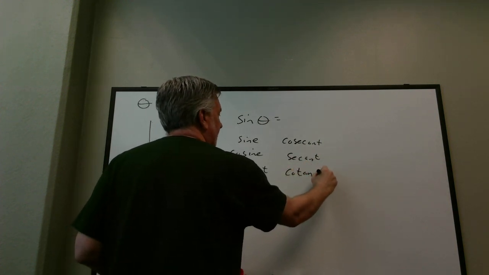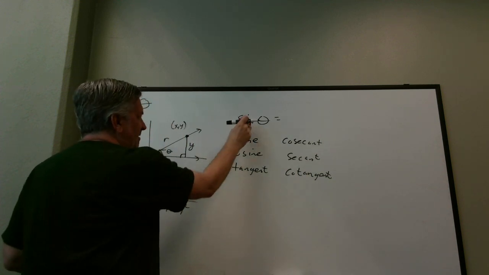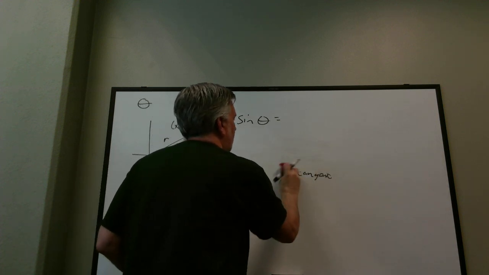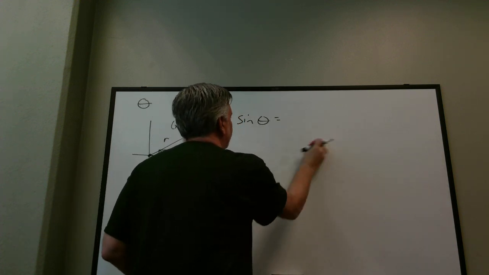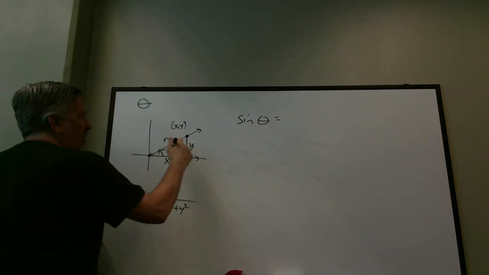Those are the actual names of the trig functions, but we usually don't write them all out. So we abbreviate sine with S-I-N. Don't read it as sin theta, it's sine theta. So that's the definition of sine. Oh, we haven't written it yet. The definition of sine is you take the y value over the r value.